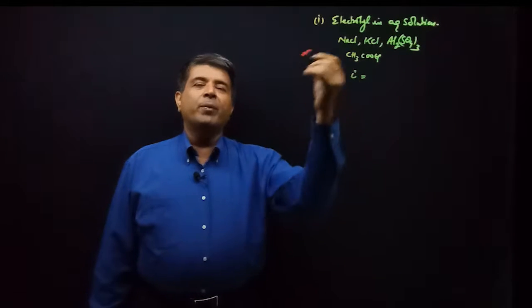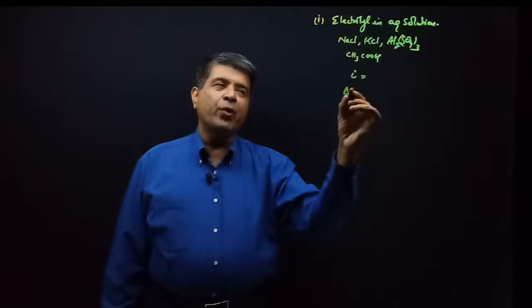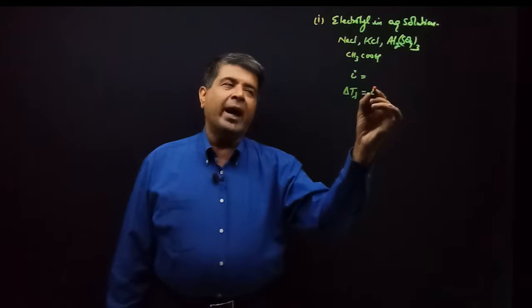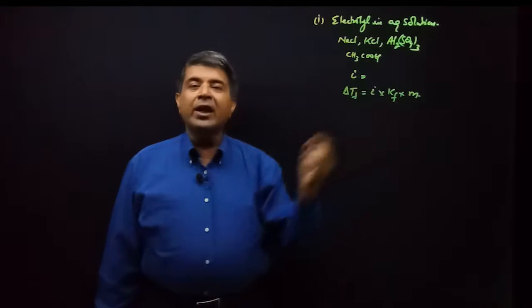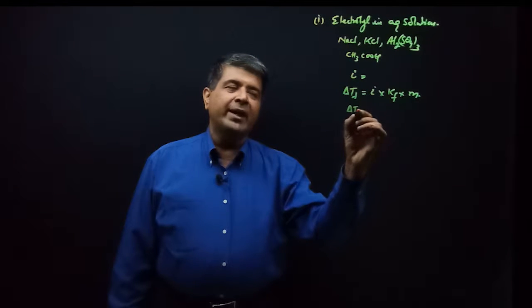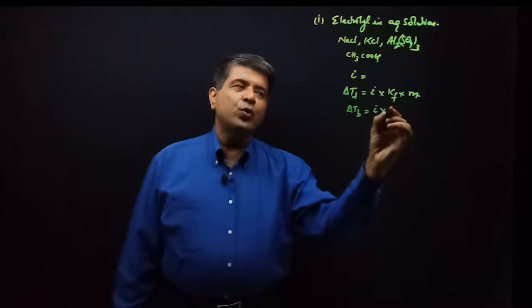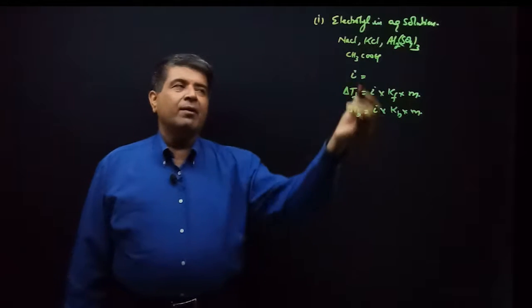If you are calculating depression in freezing point, delta Tf would be i into Kf into m, and if you are calculating elevation in boiling point, delta Tb would be i into Kb into m.